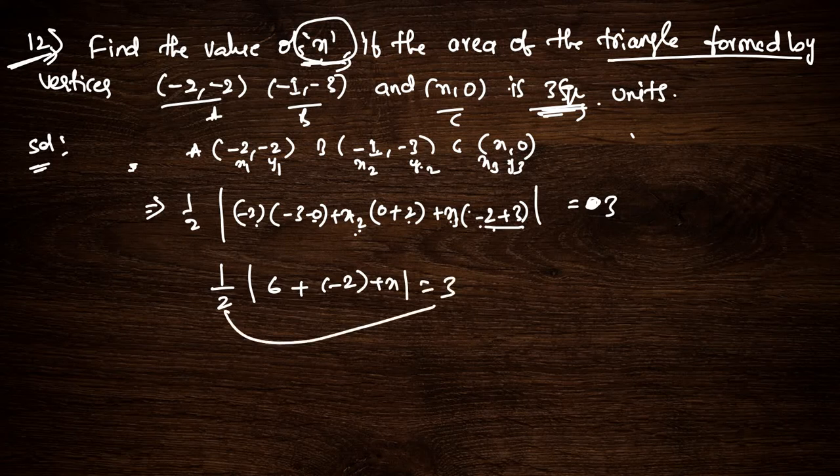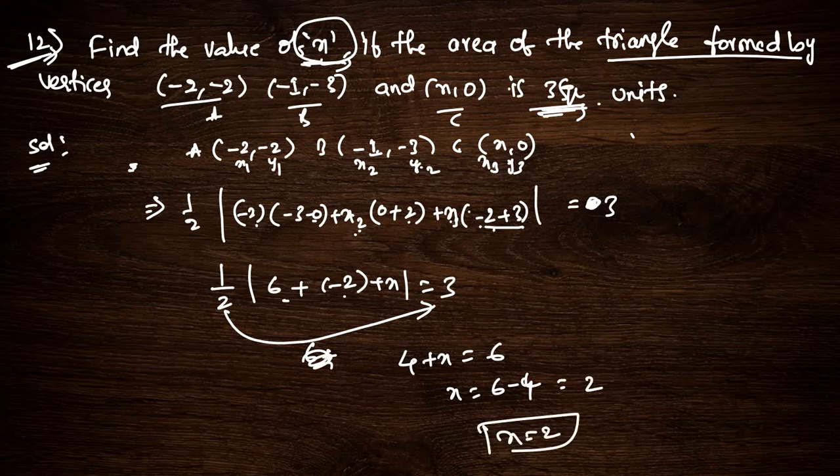So 2 goes to the right side and it becomes 6, plus this minus 2 means 4 will come here, 4 plus x is equal to 6, x is equal to 6 minus 4 is equal to 2. x is equal to 2. He is asking us to find the value of x, right? So x is equal to 2, and the point will be 2 comma 0.